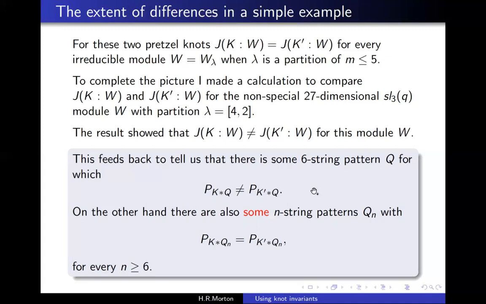One more piece, though, on this whole problem. There are some n-string patterns, Q_n, for which K and K prime decorated by Q_n have the same invariant, for arbitrarily large n. And among these are the actual cable patterns.